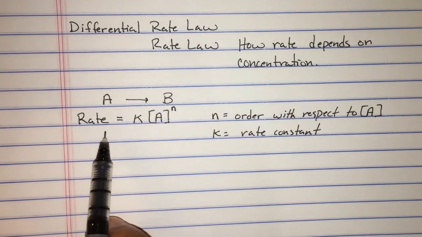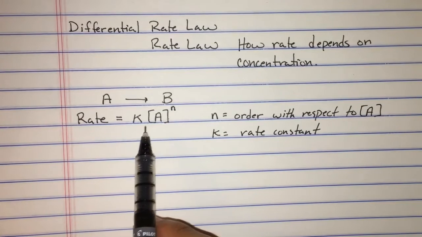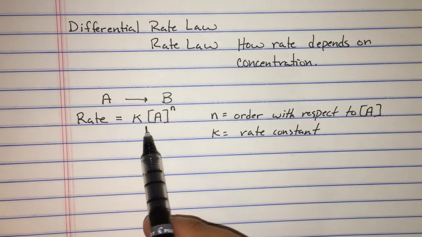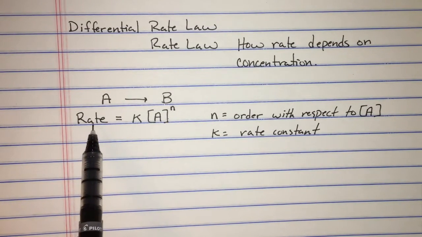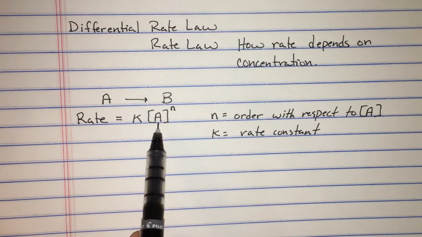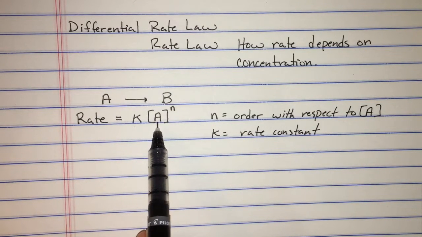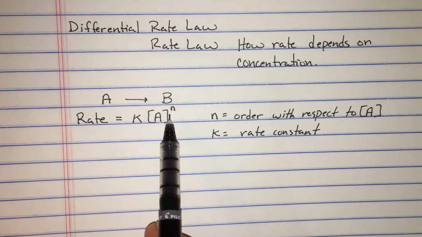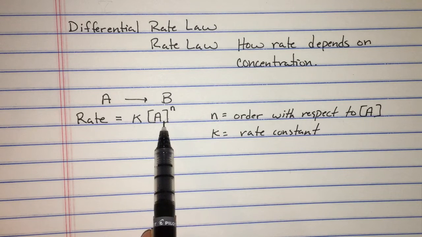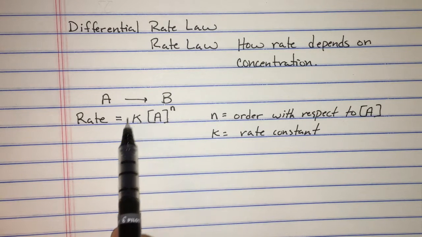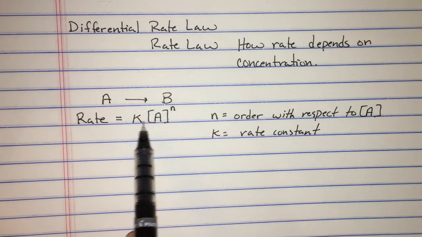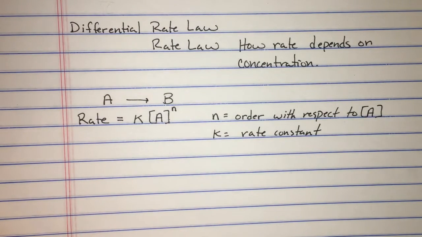Now, before we move on, look at what the rate law tells us. It tells us that if we know the initial concentration of A, if we know what we start with, we can find the rate by taking A and raising it to some power, which we need to go find. And whatever that number is, we multiply by a constant, and that will give us what the rate of reaction is.